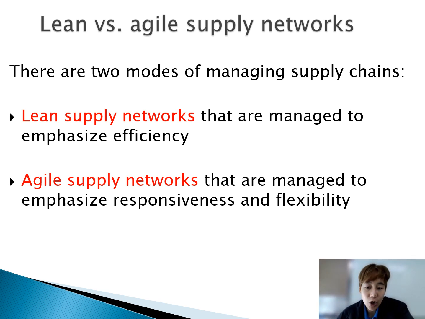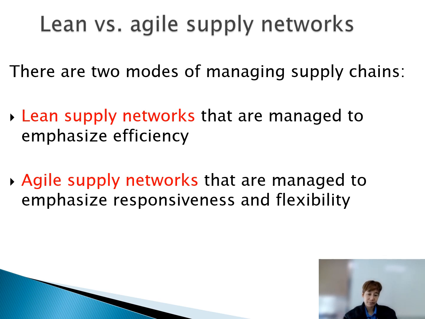There are two modes of managing supply chains. First, the lean supply network. This means it must be managed to emphasize efficiency. Lean supply network emphasizes efficiency. Remember this word. How about the agile supply network?